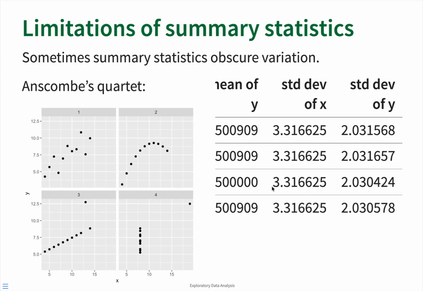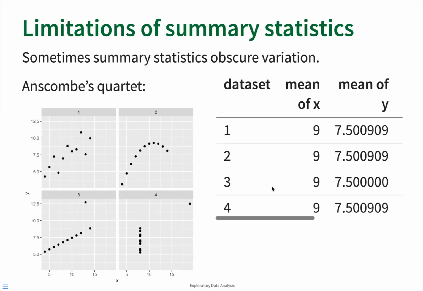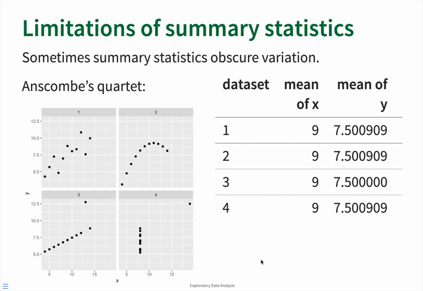And so this highlights a problem with summary statistics, which is that the numbers can sometimes obscure variation within the data that we might be able to see if we were to plot the data in a graph. So we never want to use summary statistics by themselves. We always want to explore data sets with visualizations as well.